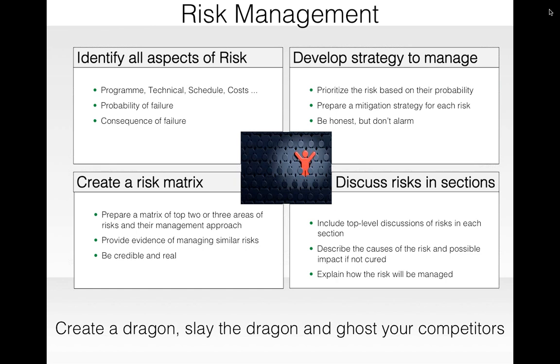So there will be a set of risks involved in the proposal, in the RFP, which you need to identify. And you not only need to identify whether it is a program related risk, or a risk related to a technical solution or the technical platform, or risk related to the schedule and the cost, but also what is their probability of happening.